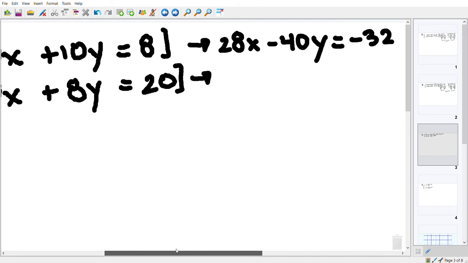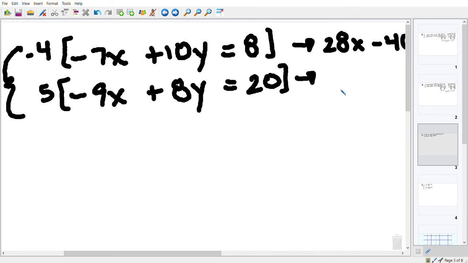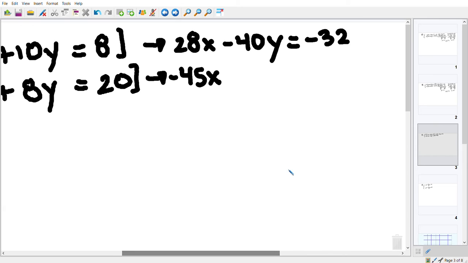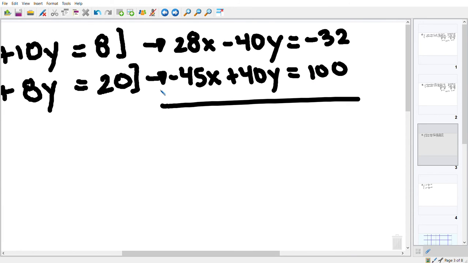The bottom equation you multiply by positive 5, so that means you're going to have a negative 45x, a positive 40y, and a positive 100.